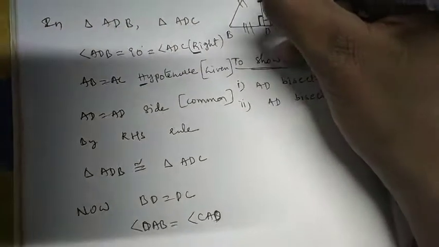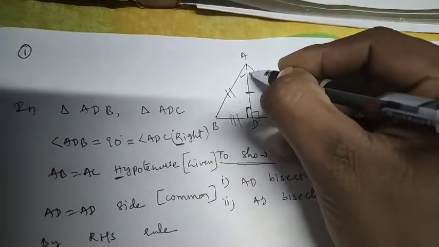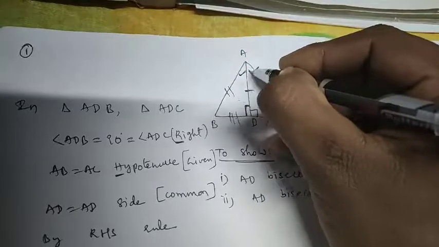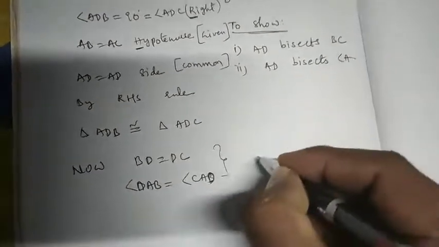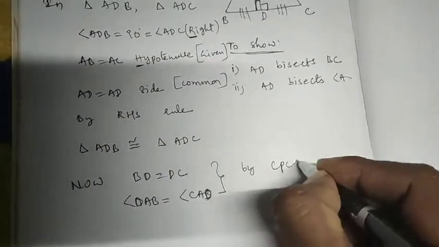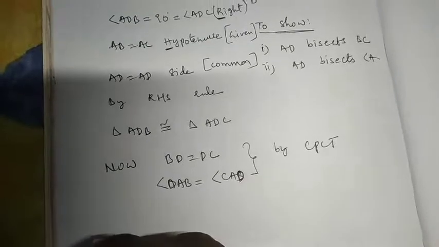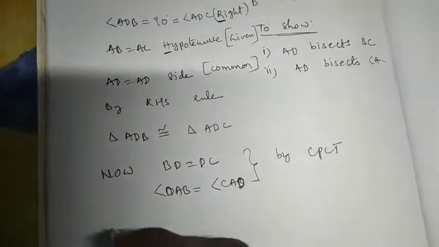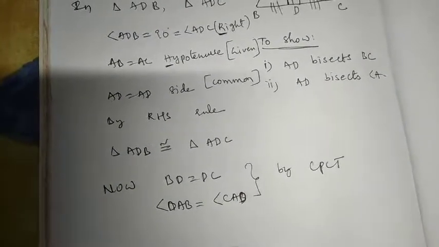This part is equal to this angle. These two measures of the angles are equal because these two triangles are congruent. Am I right? So what rule? By the CPCT rule.